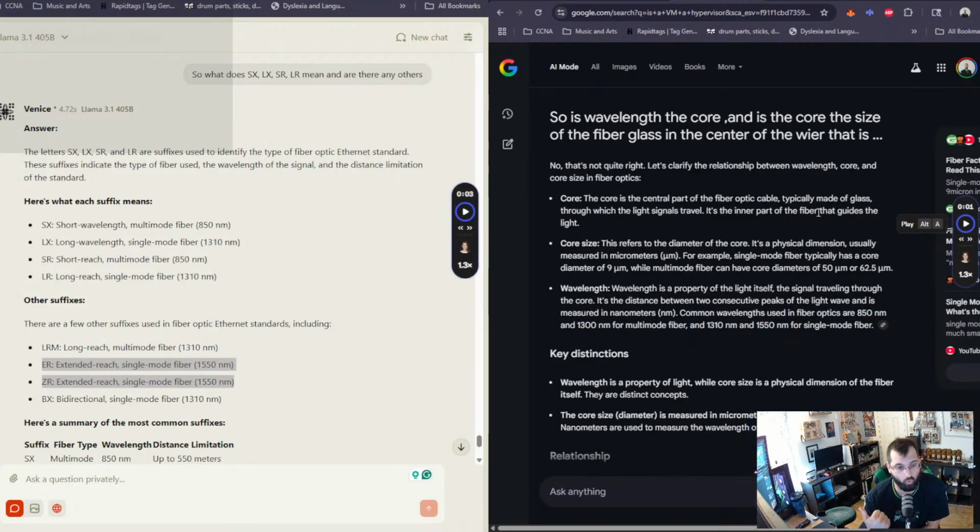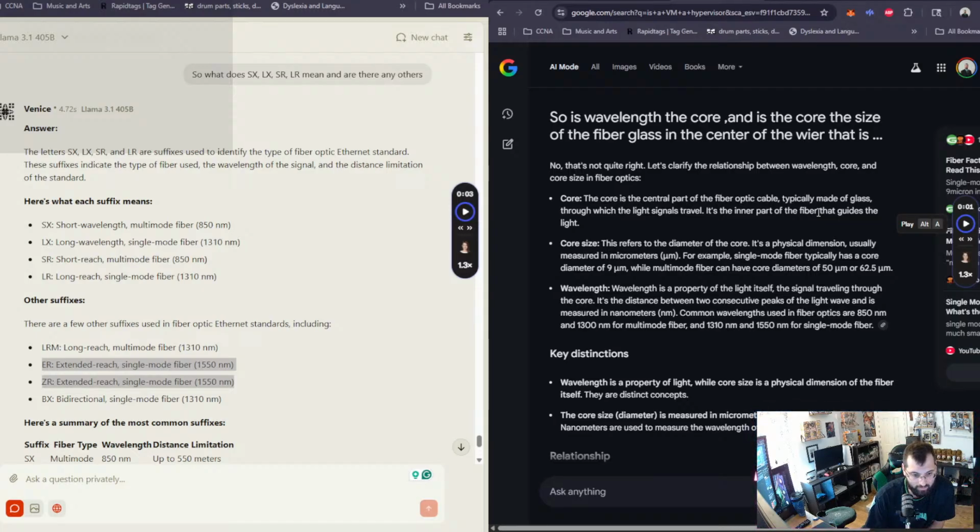Okay, so we're dealing with 3 different things here. We're dealing with the core. The core is the actual glass that is inside the cable. Core size is the diameter of that thing, and that's measured in micrometers. Then we have the wavelength. The wavelength measures the light itself, the signal that travels through the core.